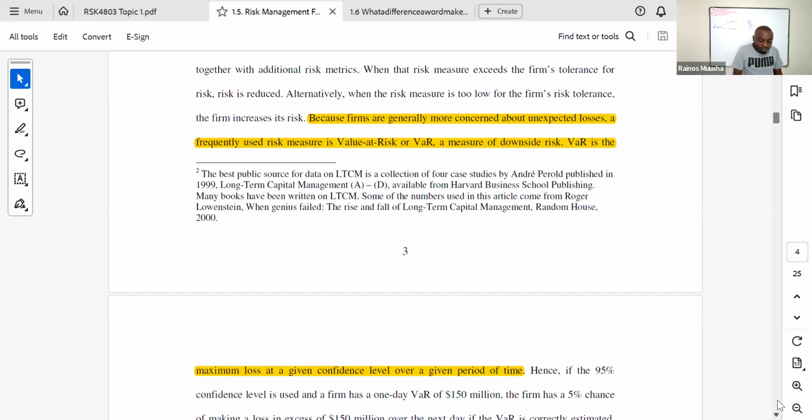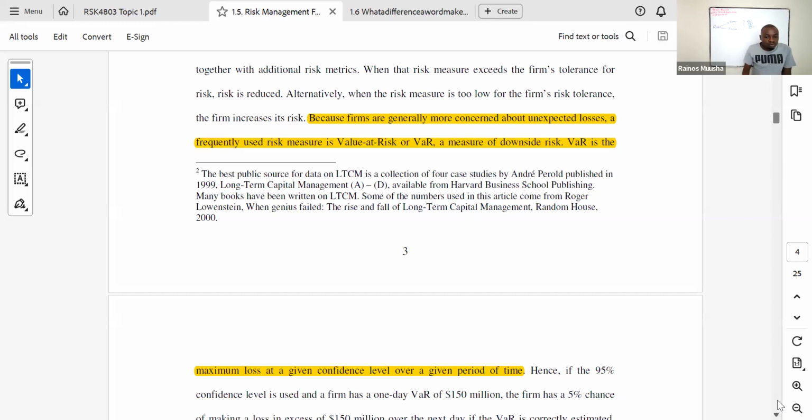This statement is very, very important. Remember, this is the maximum loss the organization is expecting to suffer over a given period of time.